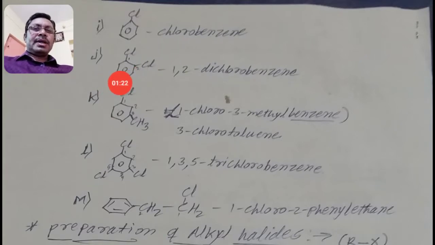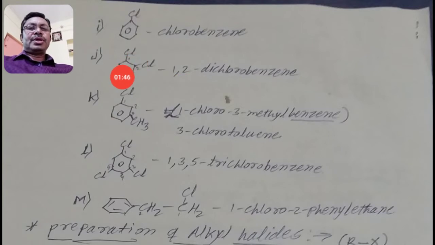The next example is a benzene ring directly attached to two halogen atoms. One is here, another is here. Both are the same, that is chlorine. Then we must write the position of the halogen atoms, at which carbon atom each halogen atom is attached.